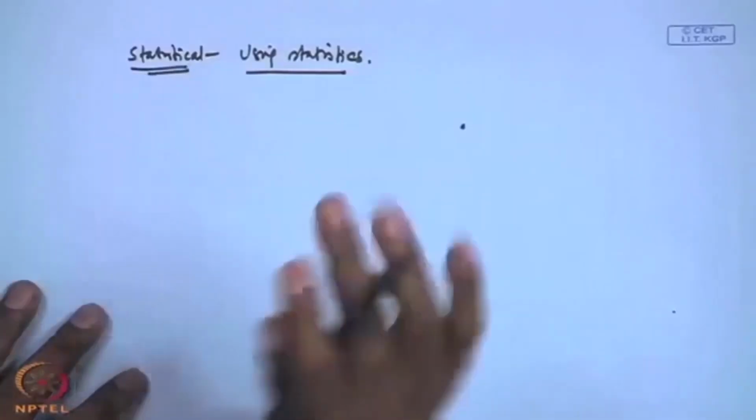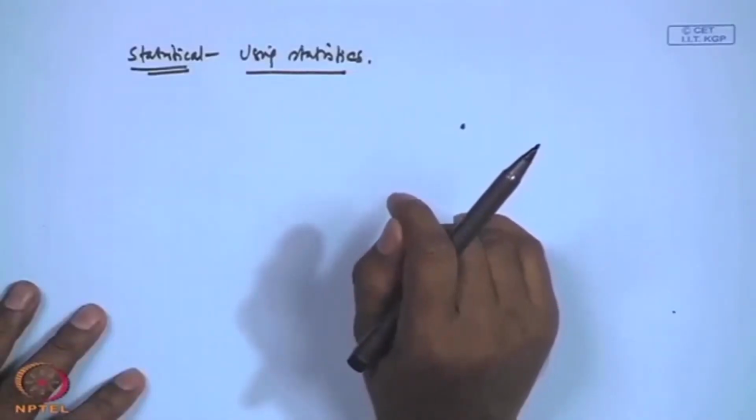We want to infer something about the population, and we collect data accordingly. We organize the data, we analyze the data, then we find the results. That result we summarize, and based on this summarization, the key findings we infer about the population. So, that is how the word statistical is used.